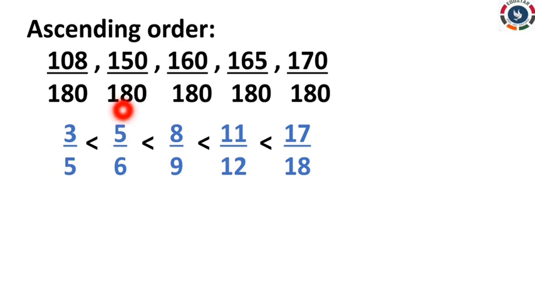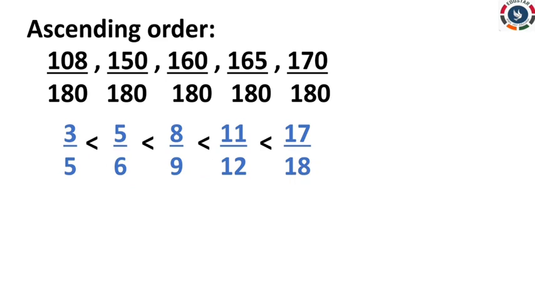The next value is 5 by 6. 160 by 180, that is 8 by 9. 165 by 180, that is 11 by 12. 170 by 180, that is 17 by 18. So you are arranging the numbers from small to big. So 3 by 5 is less than 5 by 6, less than 8 by 9, less than 11 by 12, less than 17 by 18.